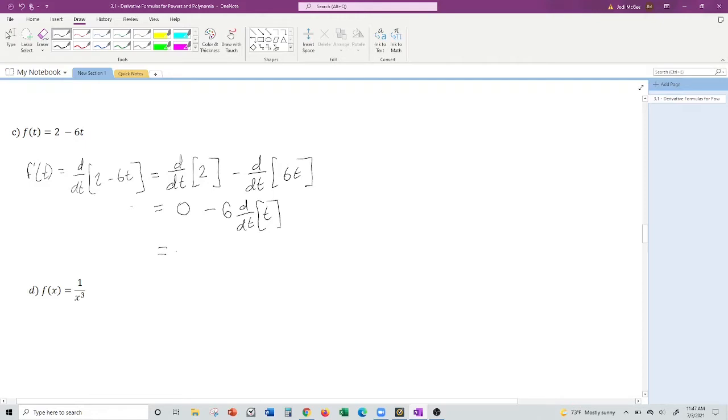We did the power rule, we got x to the 0th power, which was 1. So that exact same thing is going to happen here, and we'll just end up with negative 6 times 1, which is just negative 6. Okay? So our derivative of 2 minus 6t is negative 6.